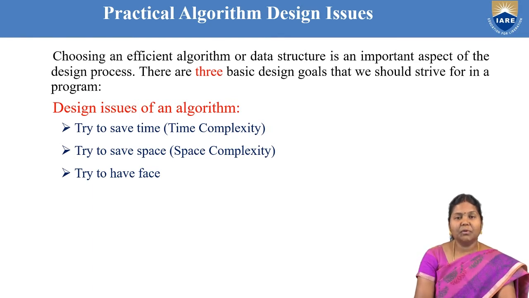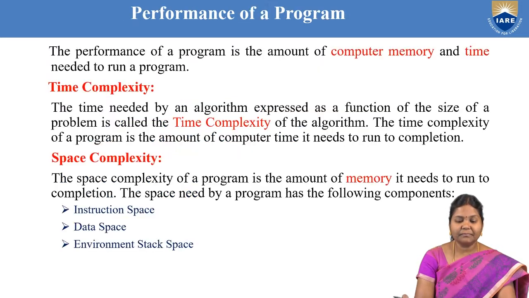First, try to save time, that is time complexity. Then try to save space, that is memory space, which is space complexity, and try to have simplicity. These are the three design issues for writing an effective and efficient algorithm.